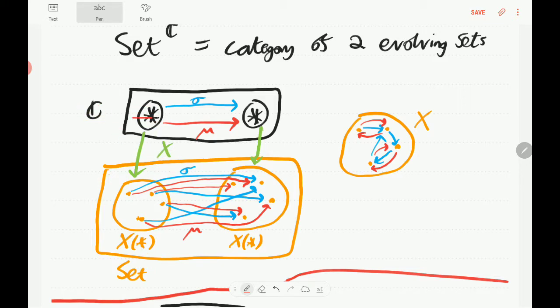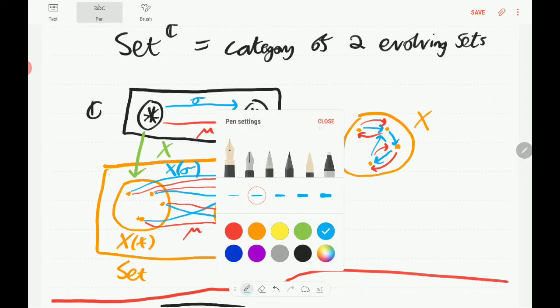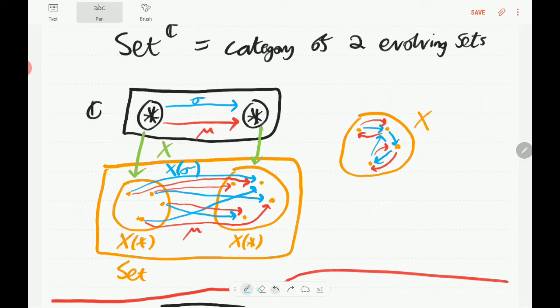Now it's going to associate this object star with a set, and it's going to associate sigma with some kind of update function. I should have called that X of sigma, and it's going to send mu to some update function X of mu.